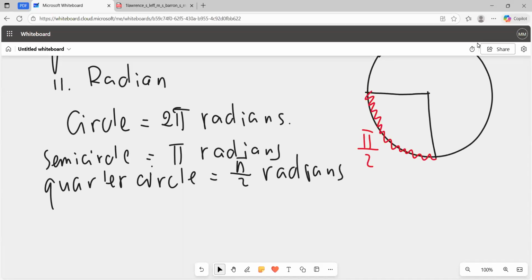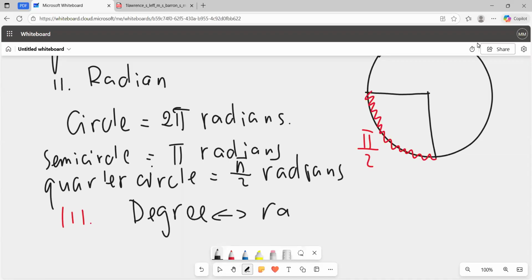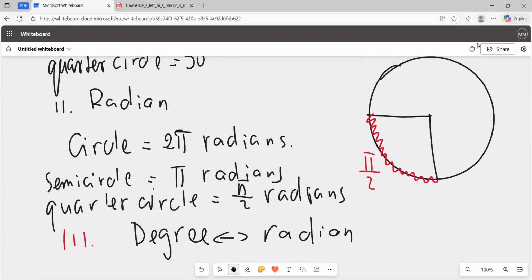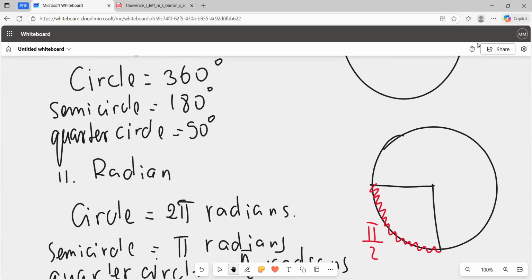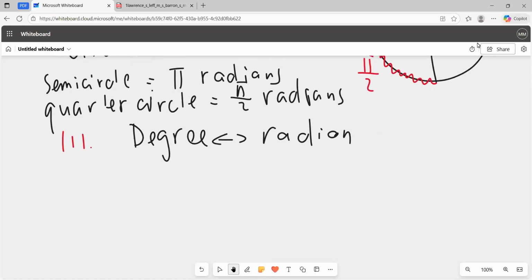Okay, third one, the relation between degree and radian. As you see, a semicircle is equal to 180 degrees or is equal to pi radians.